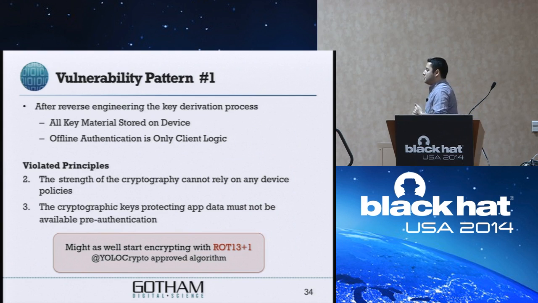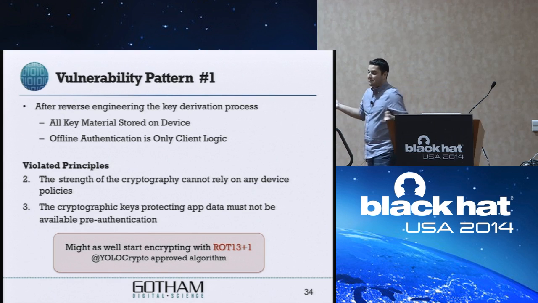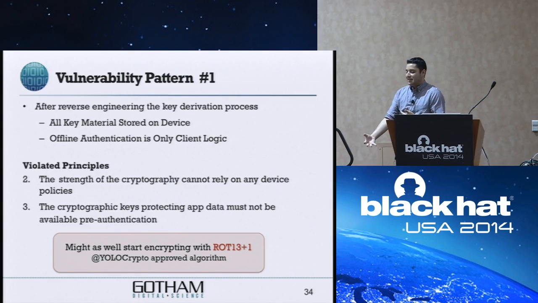So let's dive into a vulnerability pattern here. We're doing some reversing of a solution, right? We're going through the logic of the authentication, and we determined that the passcode that you entered on the device wasn't used to actually derive the encryption key protecting the data. So all the key material used to protect the data was stored on the device as well.